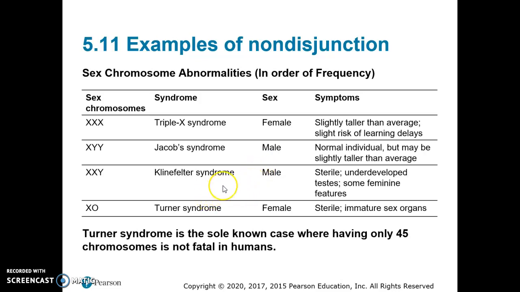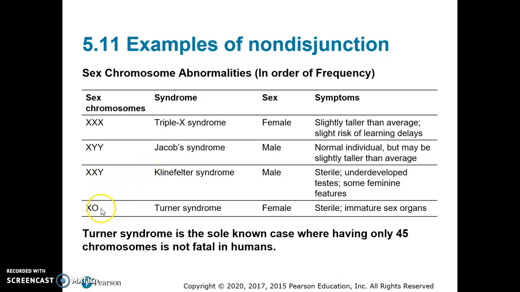Klinefelter syndrome, this one's more severe, so the child has two X's and a Y. They're male because, again, it's the presence of that Y chromosome that dictates that the individual is going to be male. And these individuals are sterile. They tend to have underdeveloped testes, and they might have more feminine features because they've got two of those X chromosomes. And again, remember, the problem with having too many or too few is that each of these chromosomes is doing what it's supposed to do, so you have more of the products of the X than what would be normal.